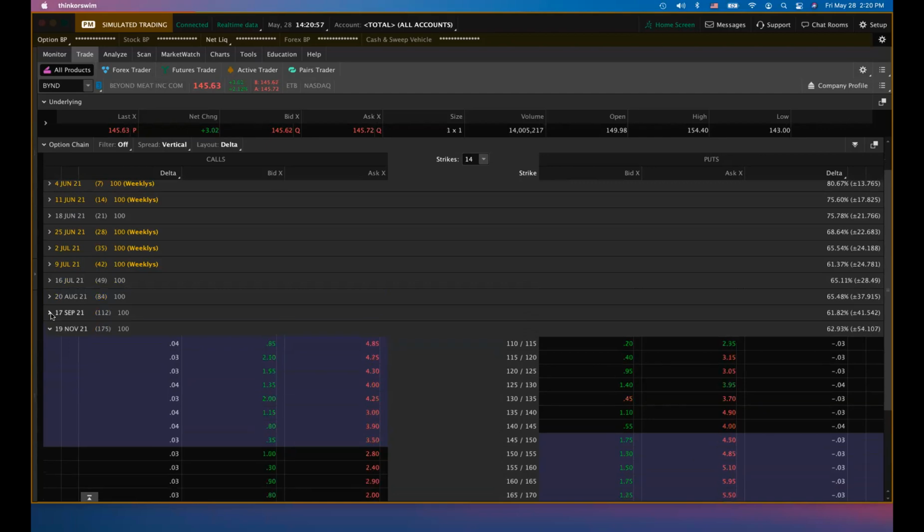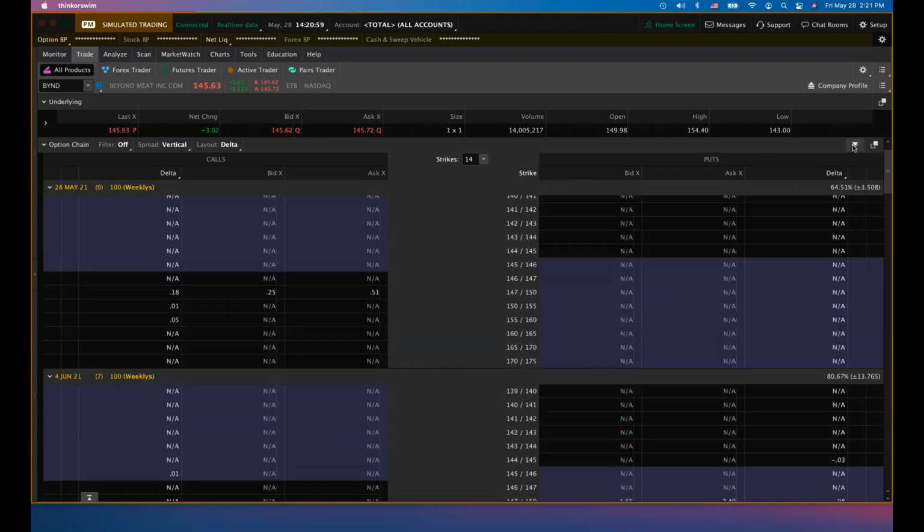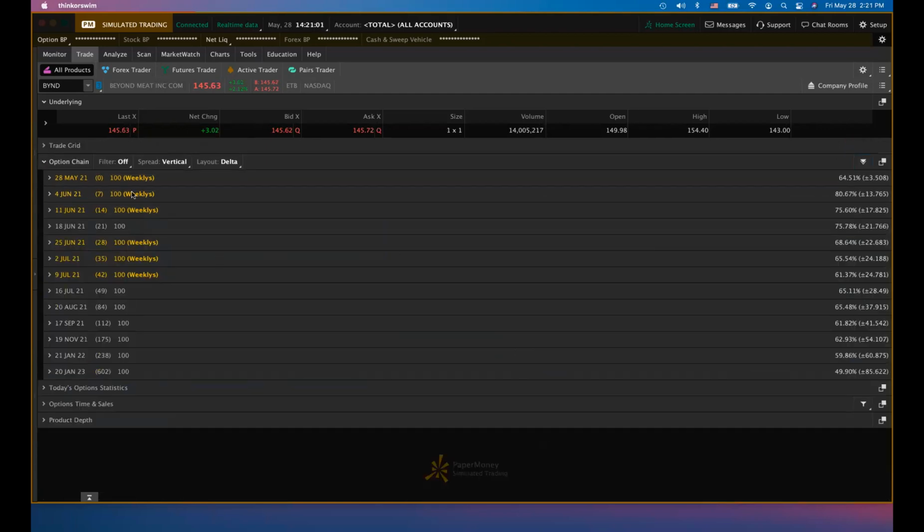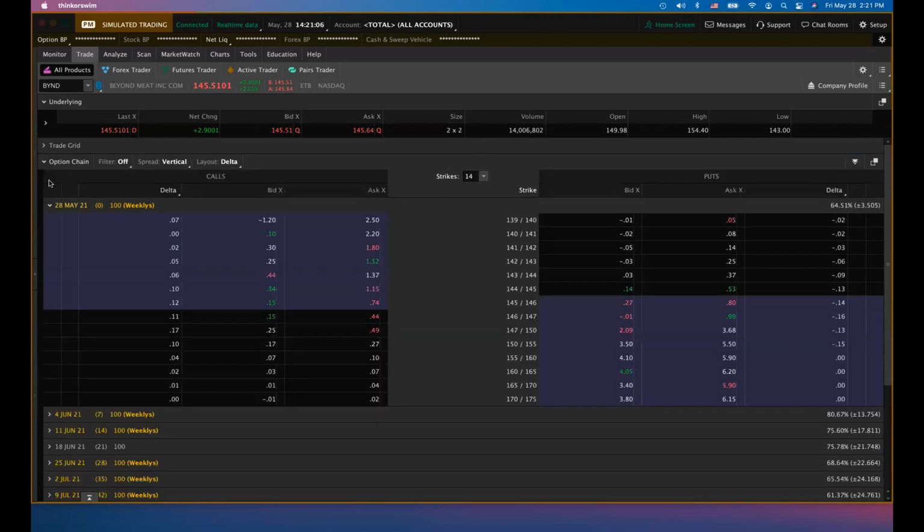Since we are selling, just go with today's date as an example. Because of the time, it's now 2:21. Market has about 2 hours to close.